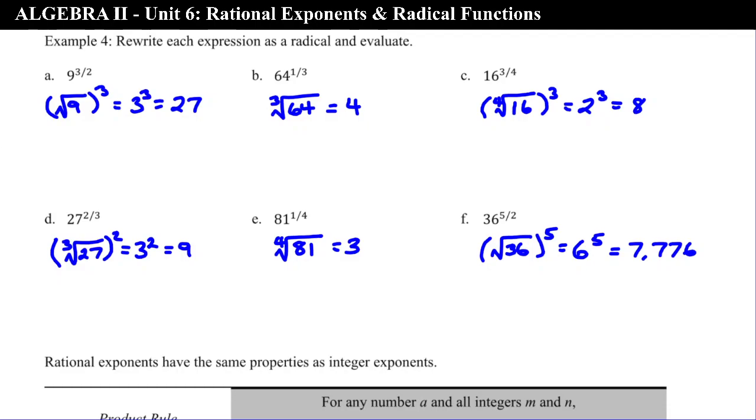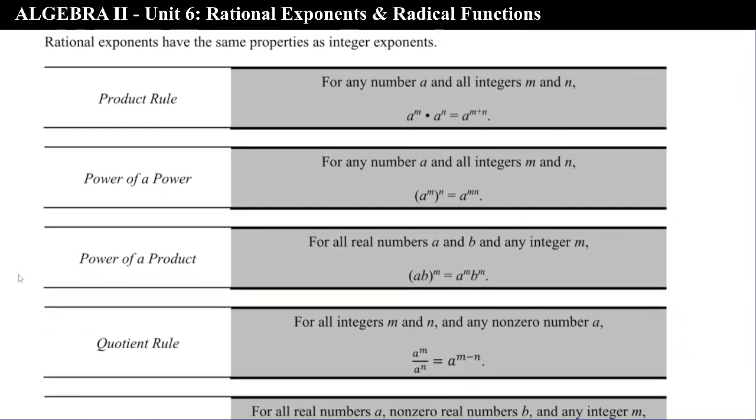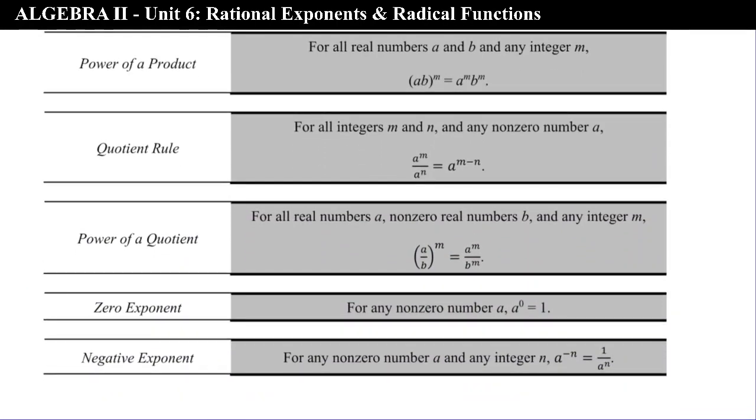Now, rational exponents have the same properties as integer exponents. I have listed for you on the rest of this page all of those rules that you learned way back in Unit 0. All of these were copied and pasted from the Unit 0 notes, specifically Section 0.3: product rule, power of a power, power of a product, quotient rule, power of a quotient, the zero exponent, and the negative exponent.